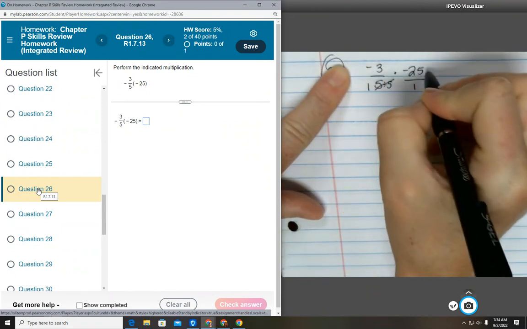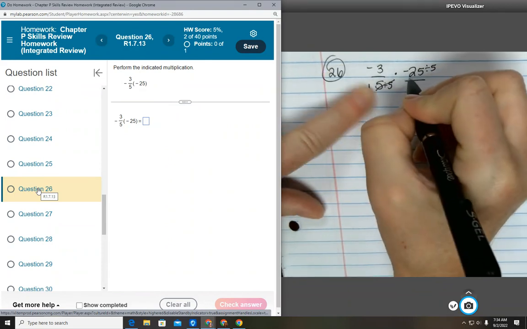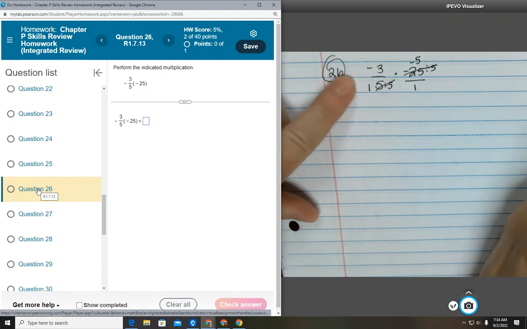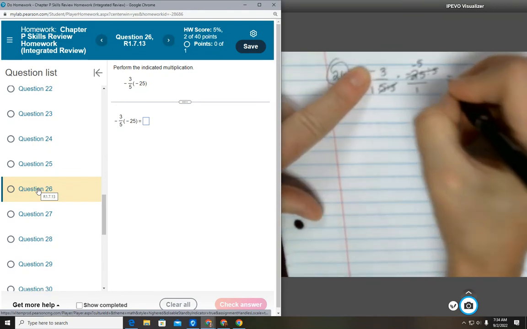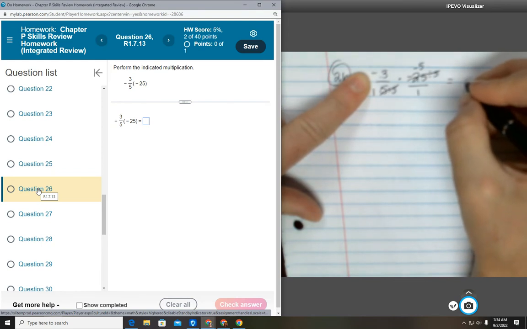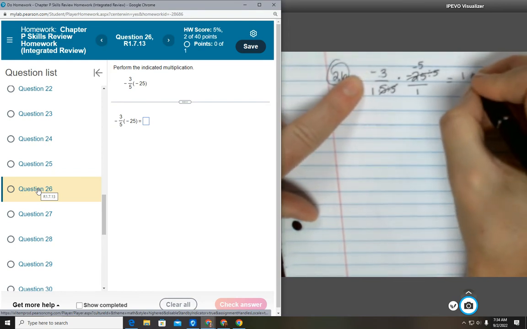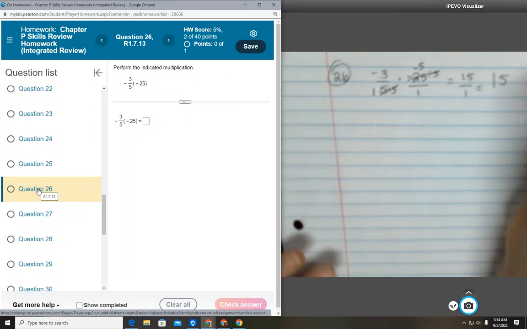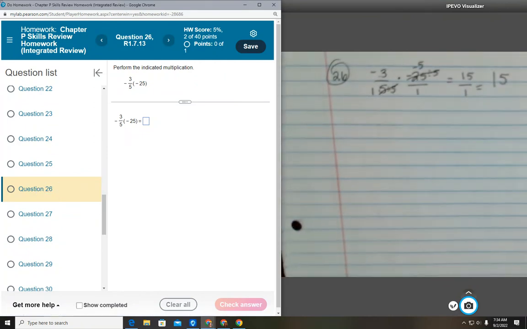That gives me 1. I'm going to divide by 5, and I've got to keep that sign, so that is a negative 5. Then I do top times top over bottom times bottom. So negative 3 times a negative 5. Negative times negative gives us a positive because they're the same sign. Anything over 1 is just that number.